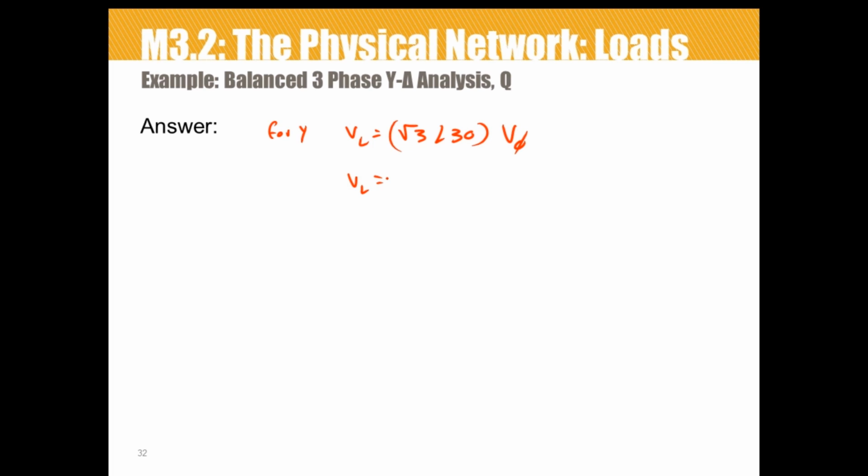So our line voltage is going to be radical 3 angle 30, multiplied by V phase, which we calculated was 117.04. If we're talking about the A phase, that's minus 0.96 degrees. That gives us 202.72 at an angle of 29.04 degrees volts. This here is the line voltage for the Y circuit and for the delta circuit.